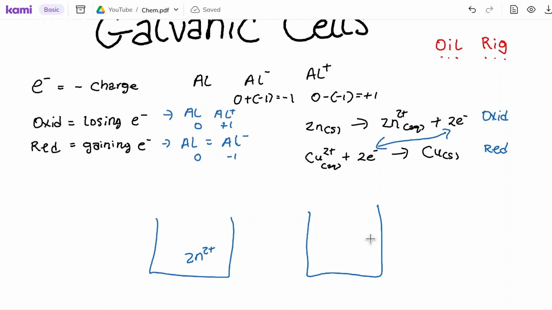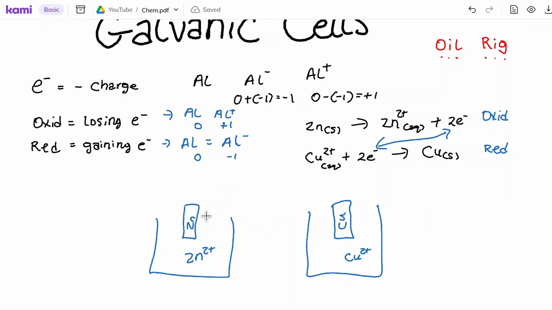Remember I told you the cations are aqueous. And in one of them, this is zinc, and a zinc metal is in here. Let me write it. Zinc, metal, and then copper, regular metal without the charge.